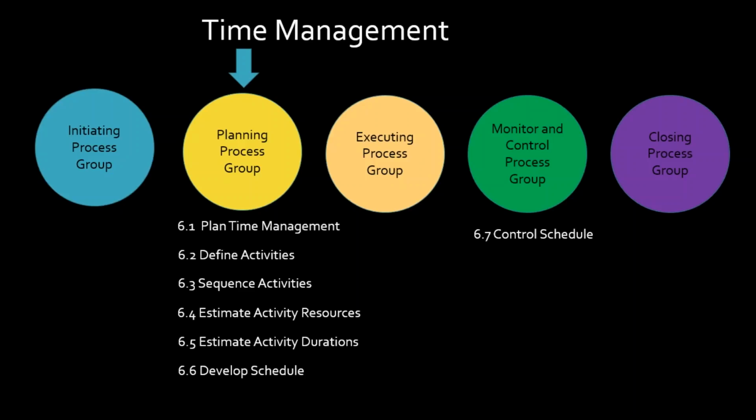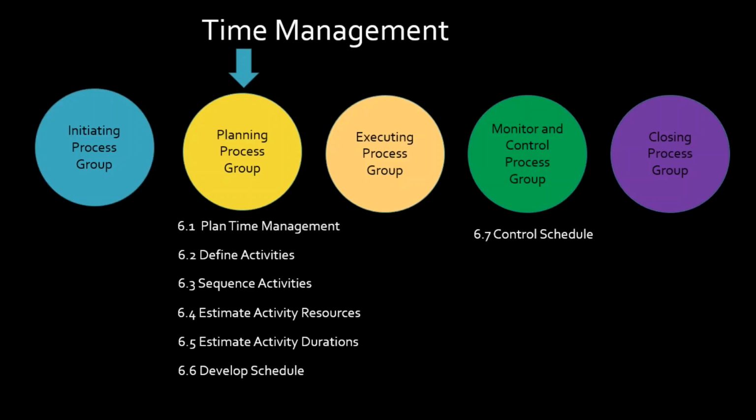If the three of us were deciding how we would manage time, Clark, how would we do this? First we'd have to define all the activities. Then we would have to sequence all those activities, in other words, the actual flow of the work. Then we would have to estimate the resources we needed for it, and then the durations of each of those tasks, add it all up, and then put our schedule together.